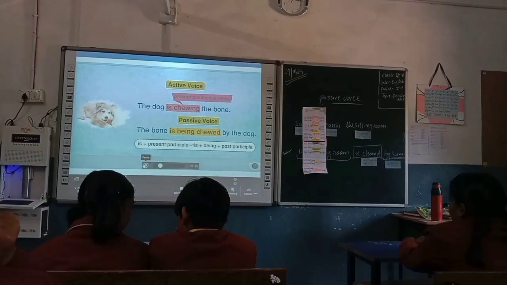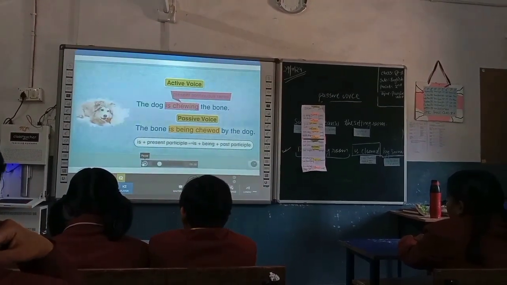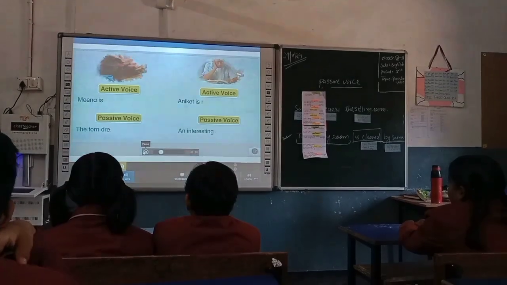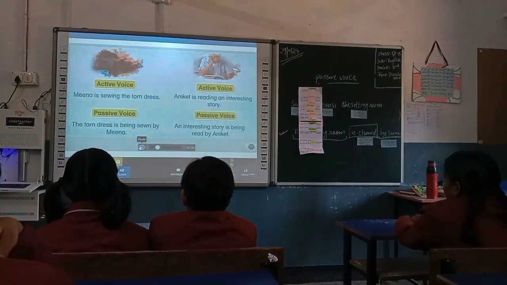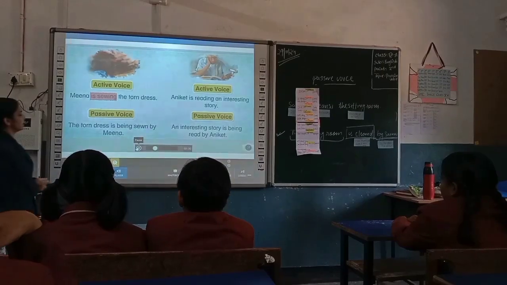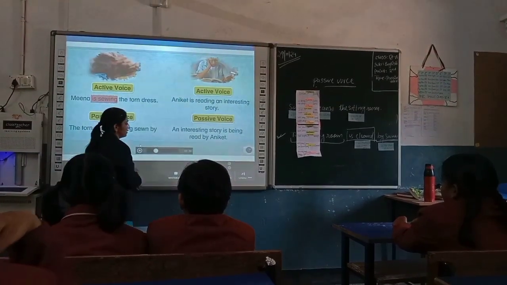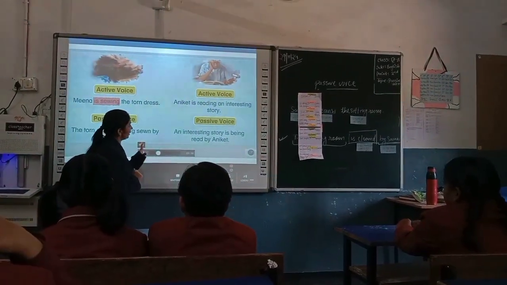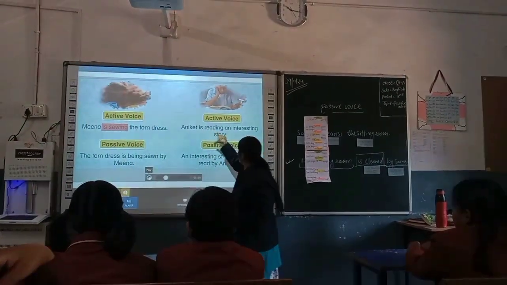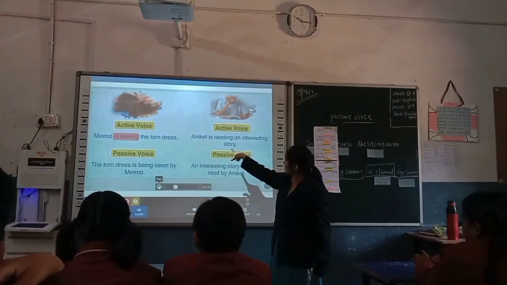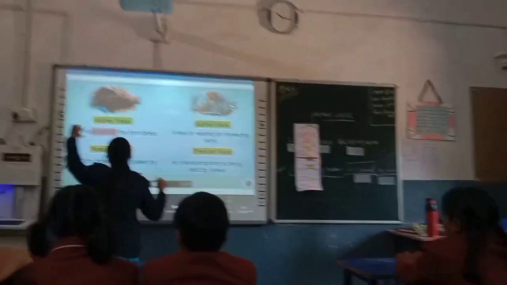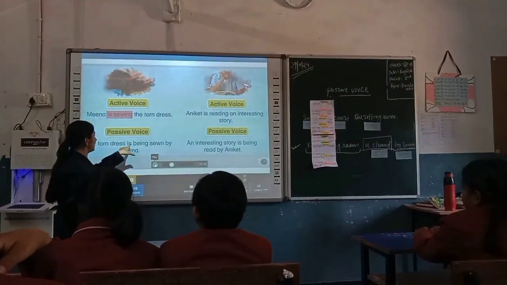Is being chewed in the passive voice. Likewise, the sentence Meena is sewing the torn dress will change to the torn dress is being sewn by Meena. You may see the same pattern has been used. Or Ankit is reading an interesting storybook. These are the active sentences, and when changed, you can see is being.